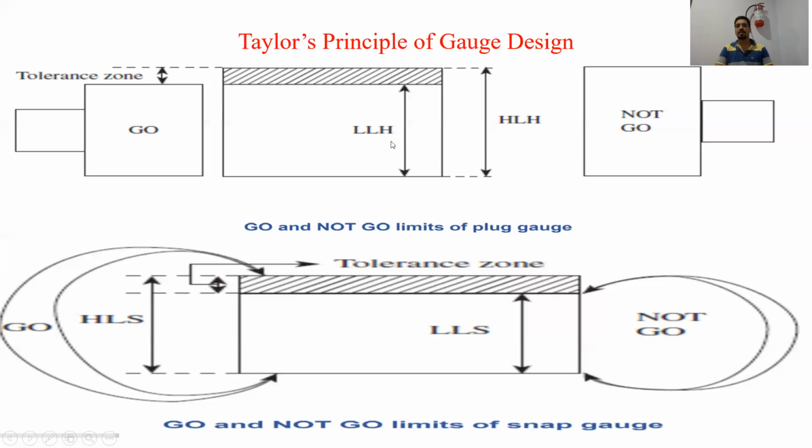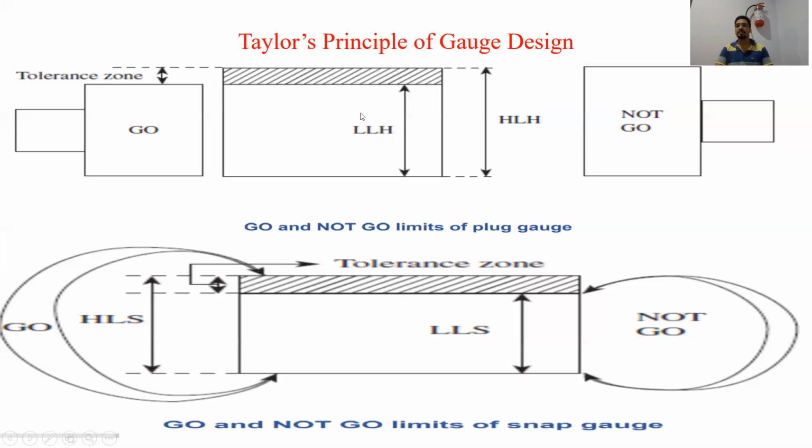So in that case, you have extra material in the manufacturing process of the hole, and we can remove this extra material and bring it to between the lower limit and the upper limit of the hole. This is the condition of rework. So we can correct it, and after doing the correction we can accept it.